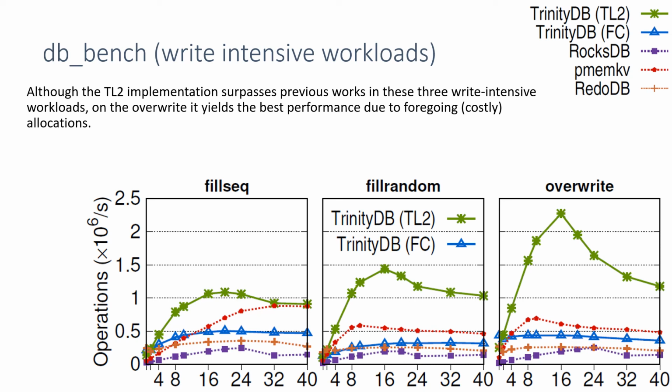The overwrite has the best scalability of them all because it has no allocations being done for reinsertions. Whenever the key is found, the value is just overwritten in place, so no further allocations. And allocations are costly because that means more writes.